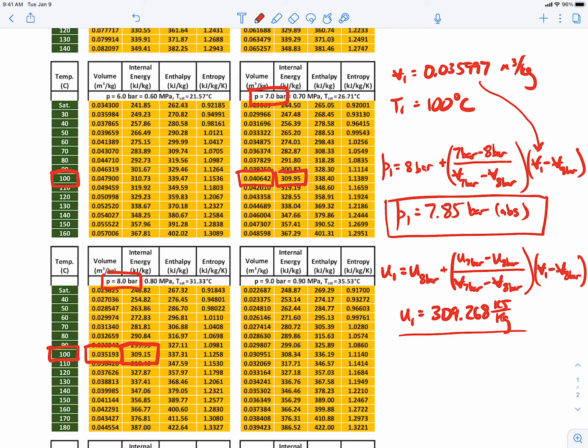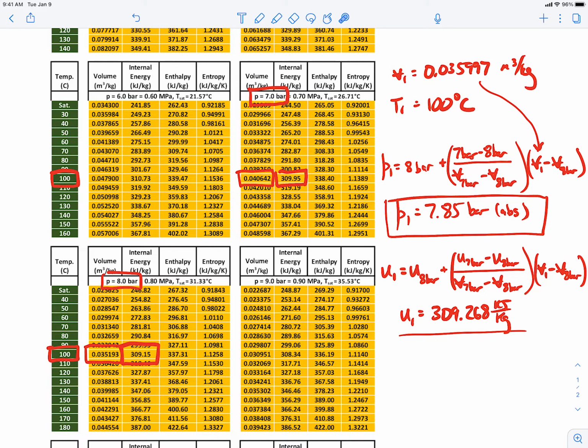So just before I get off this page, I wanted to recap the approach we took. We know our temperature and specific volume at state 1, and what we did first was went to the saturated liquid vapor mixture table and discovered that this specific volume was greater than the specific volume for the saturated vapor, which means that we must be in a superheated vapor state.